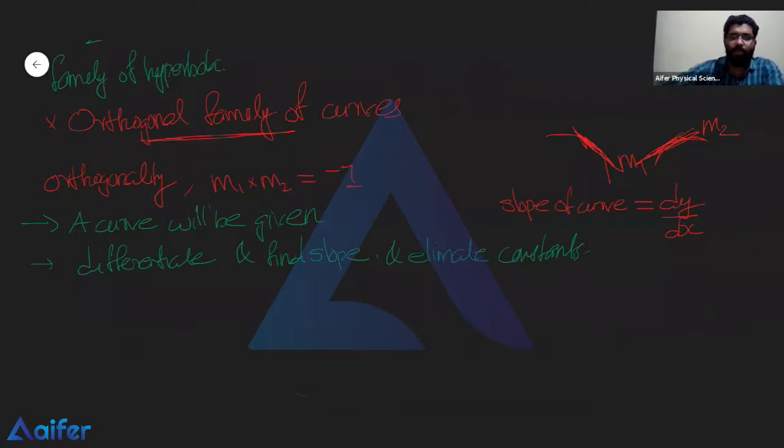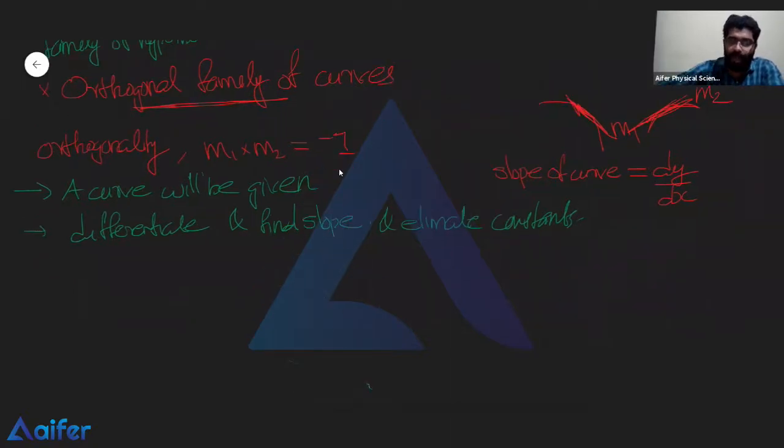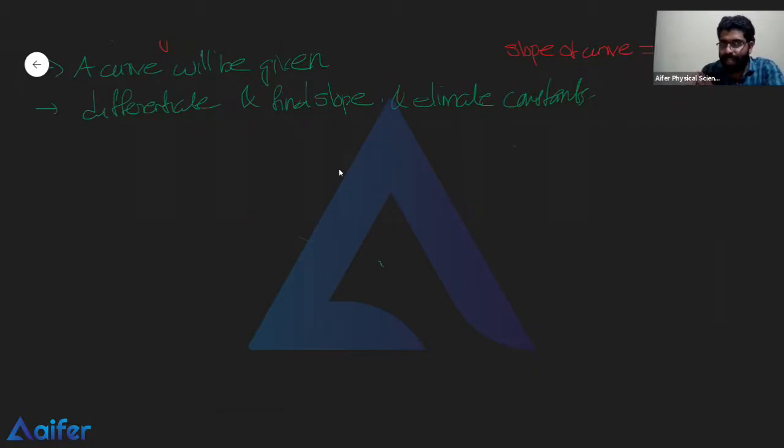Now, what do you have to do? You are given a curve, you first differentiate it, and you find the slope. And we know that m1 into m2 equals -1, which means the slope of the given curve into the slope of the orthogonal curve, that product will be -1.